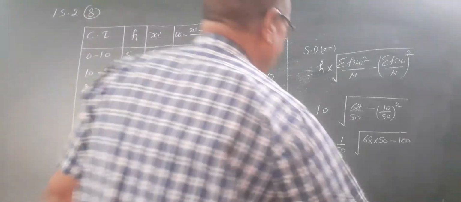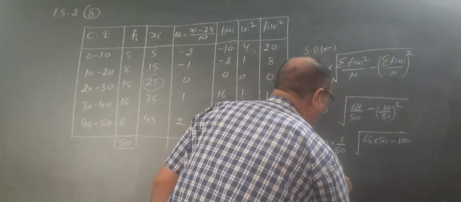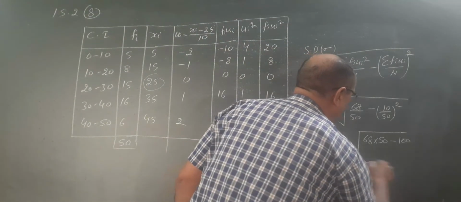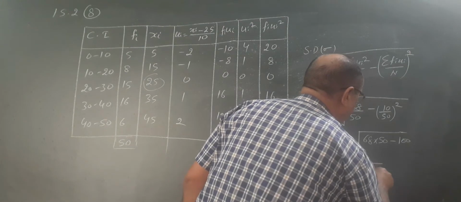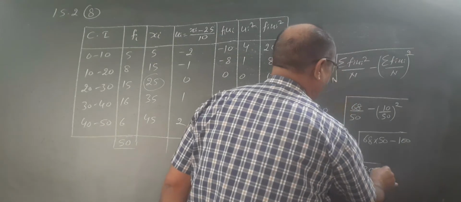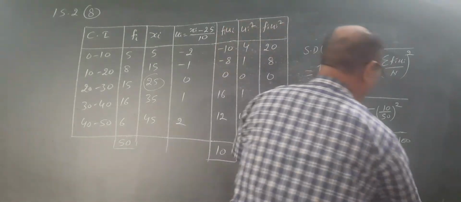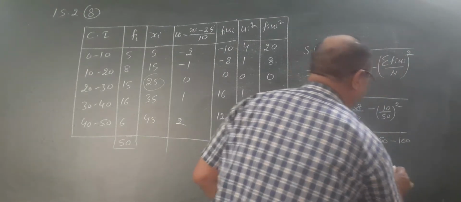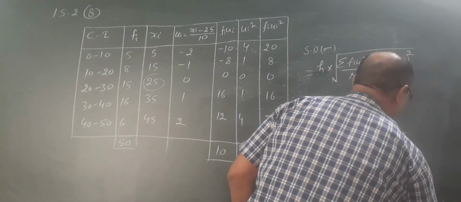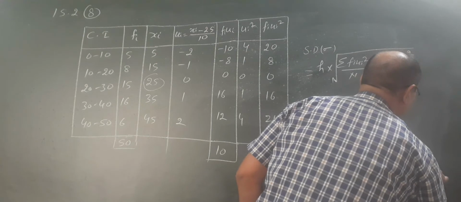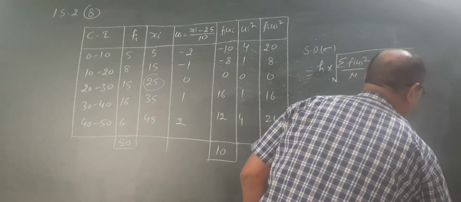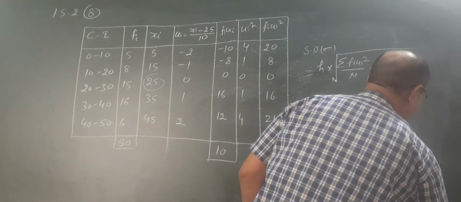So this will give you 1 by 5 and the root of 3300, or you have to find its variance. So therefore you have to divide this as 1 by 25 in case of variance. Means if variance is asked in your question, then variance is the square of this, that is equal to 132.